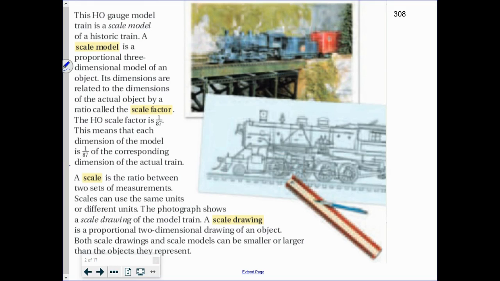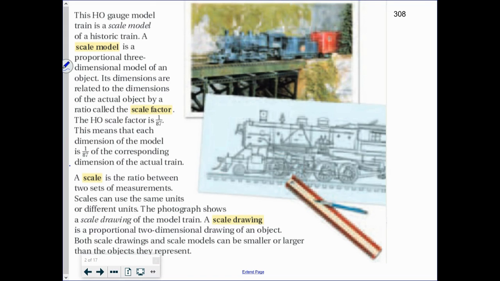So they measure everything on this train, and they shrink it down by the same amount. In this case, they shrink it down by dividing it all by 87. They take the original measurement, divide it by 87, and that's the new measurement. They do that for the entire train, and they build those pieces and parts and put it together based on that scale factor.